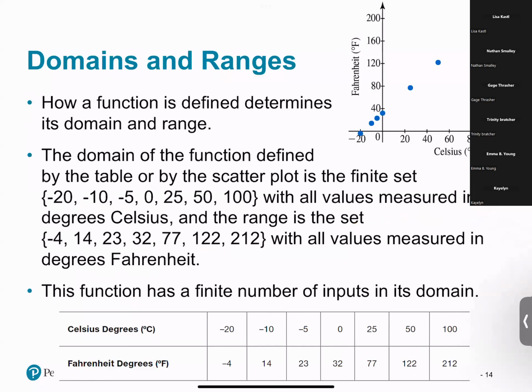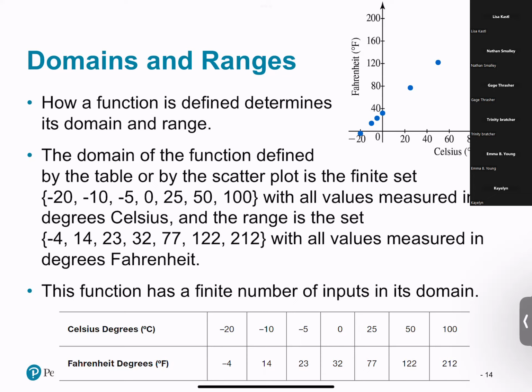Okay, domains and ranges. Just looking at how we defined this particular function, starting at negative 20 degrees Celsius and going to 100 degrees Celsius, our domain are the 7 inputs. Now, technically, the input can be any number between negative 20 and 100.